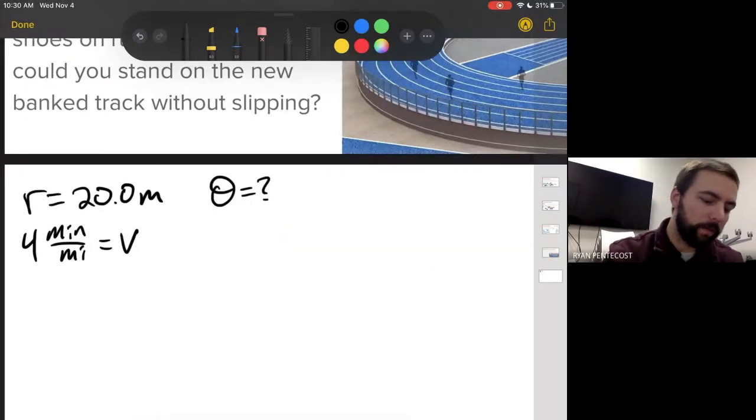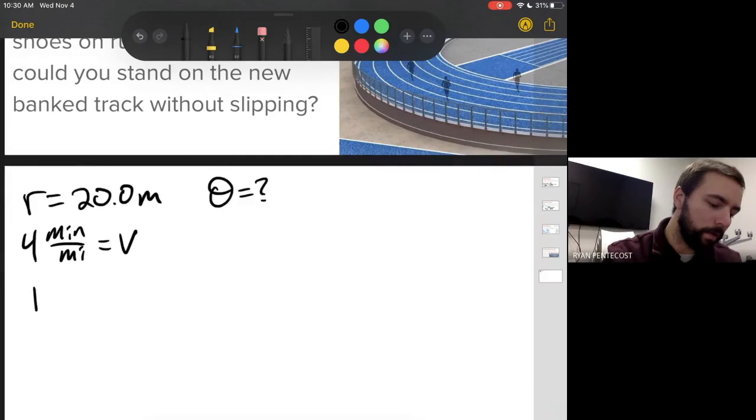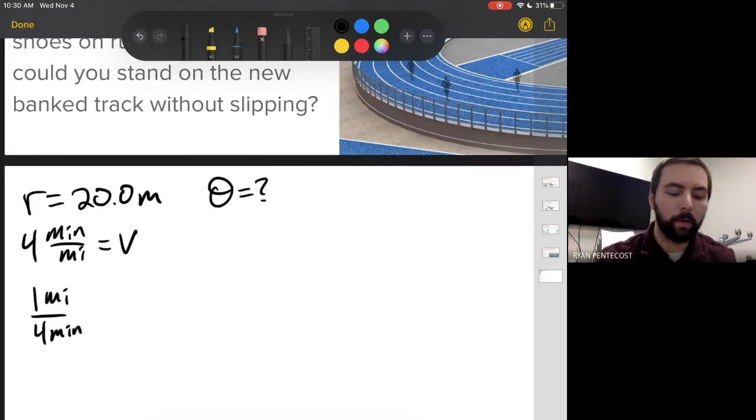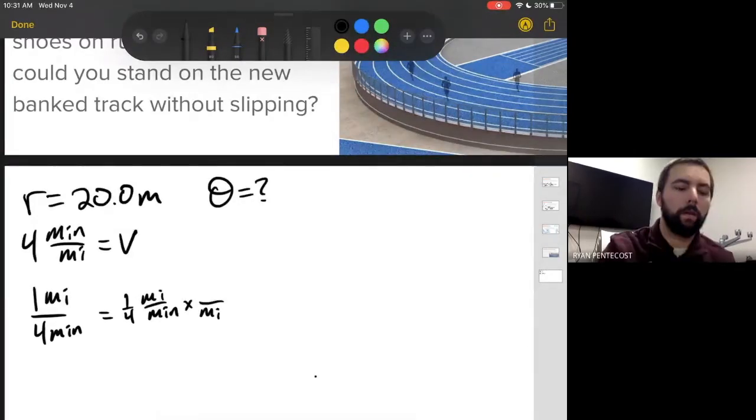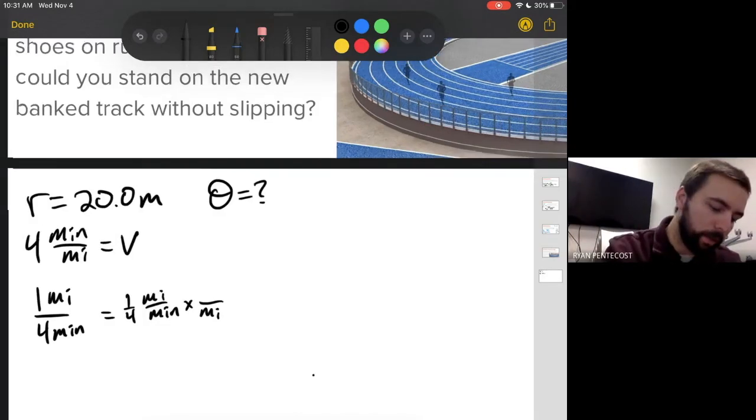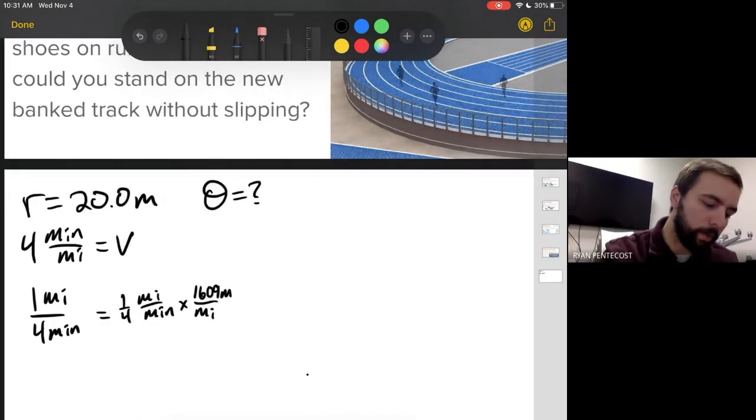So we can actually invert that, right? That also means that they're going to go 1 mile in 4 minutes. Means they would run a 1/4 mile per minute, right? So you could say 1/4 mile per minute, right? That's not breaking any rules there. So if we take that times, in a line, 1 mile is 1609 meters per mile.